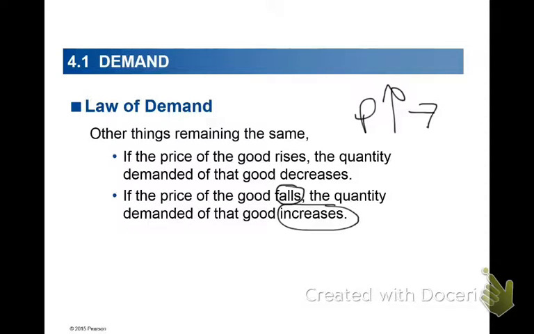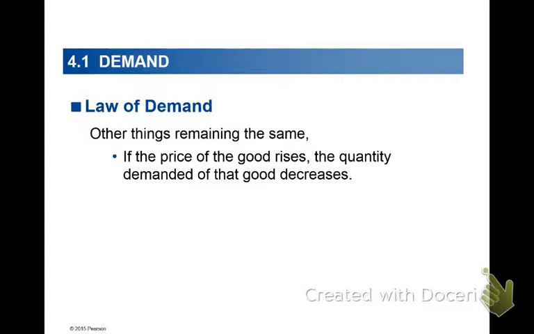Let's say P is price and QD is your quantity demanded, the amount that you want to buy. The relationship between them is negative. So whenever price increases, your demand for that good really goes down.